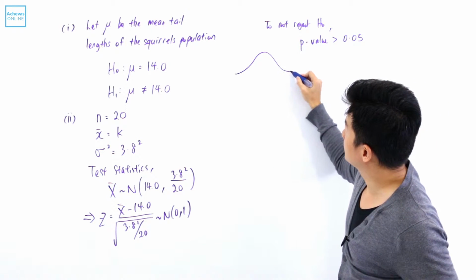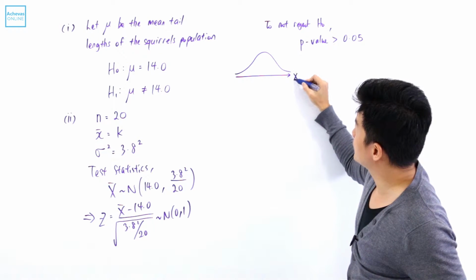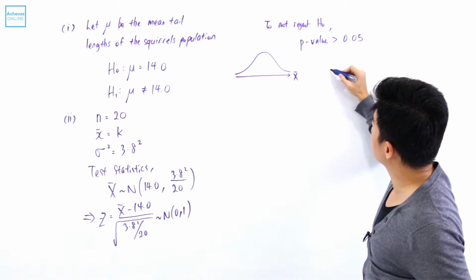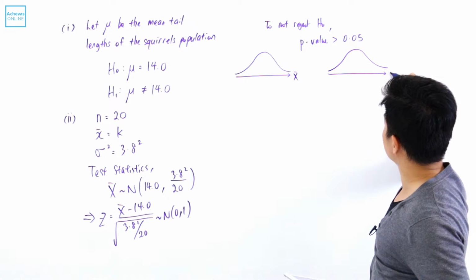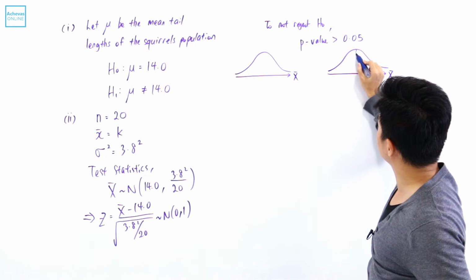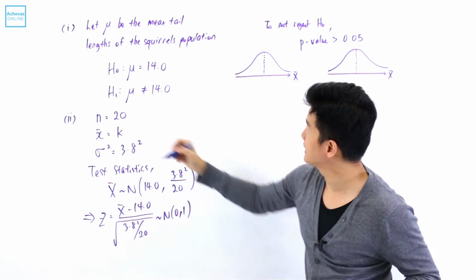In order for us to analyze a two-tail test, let me just draw the two distributions first. They're actually exactly the same distribution. I'm just trying to represent two scenarios for a different position of x bar or this k.